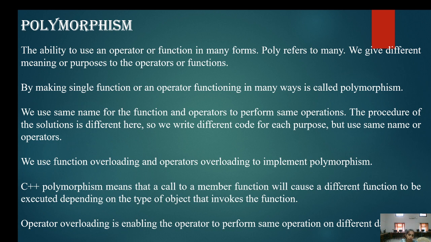We use function overloading and operator overloading to implement polymorphism. C++ polymorphism means that a call to a member function will cause a different function to be executed depending on the type of object that invokes the function.